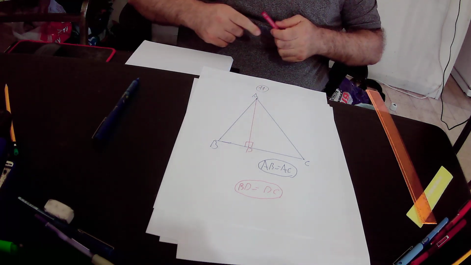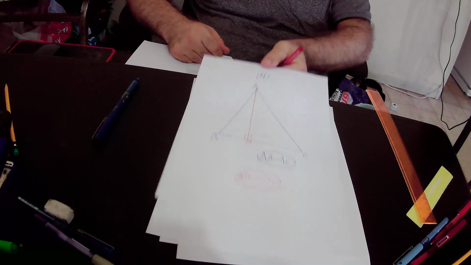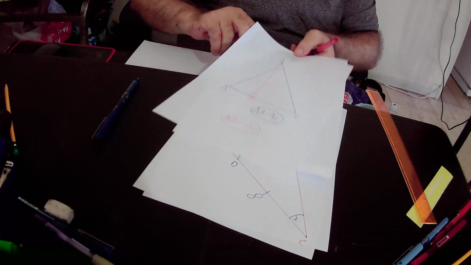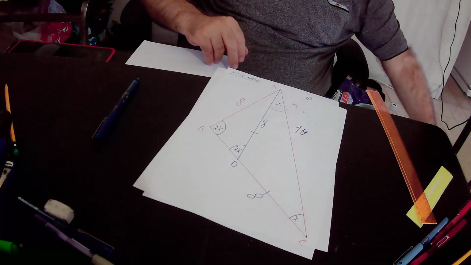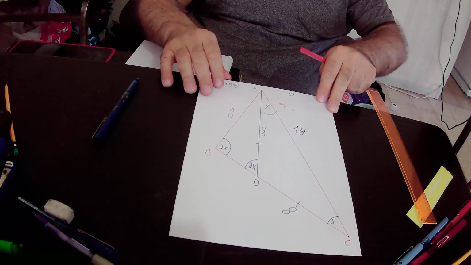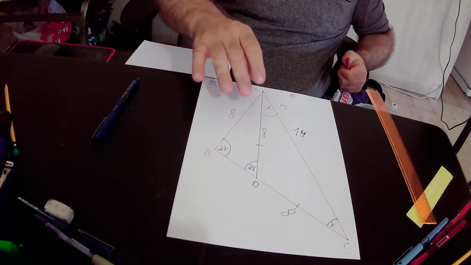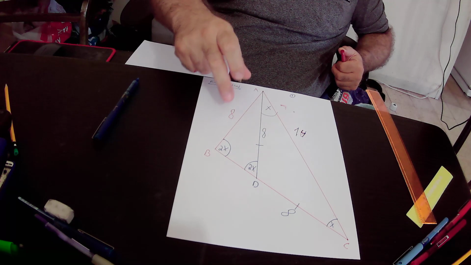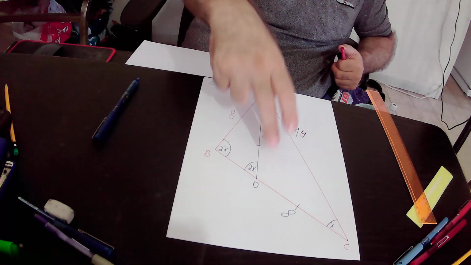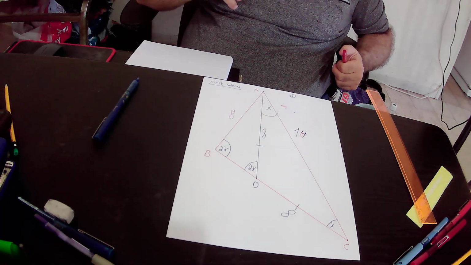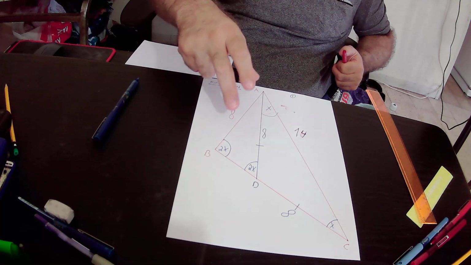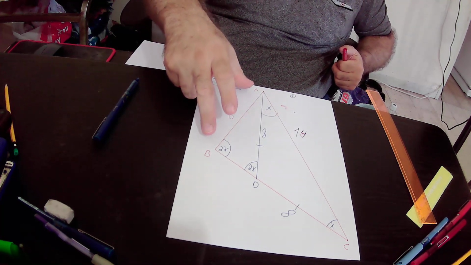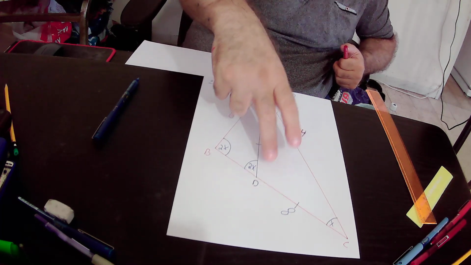Okay, again we can implement rule number 3 in our triangle. In our drawing, triangle ABD is an isosceles triangle, because AB equals AD equals 8 units.